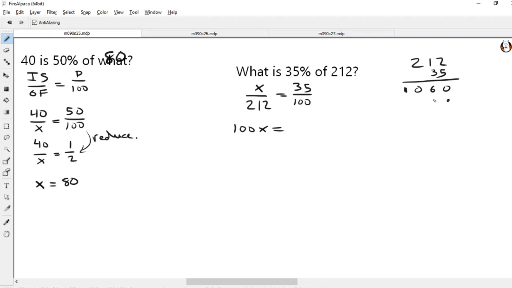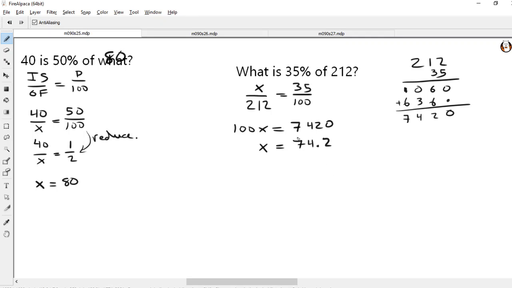Skip a space, 6, 3, 6. Add them up: 0, 2, 4, 7. 100x is 7,420.